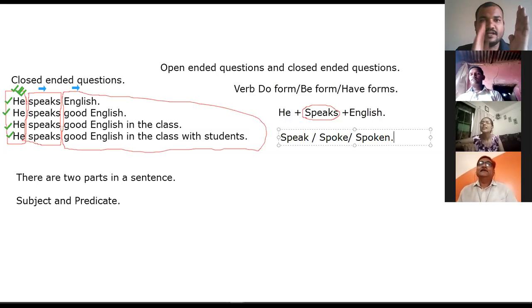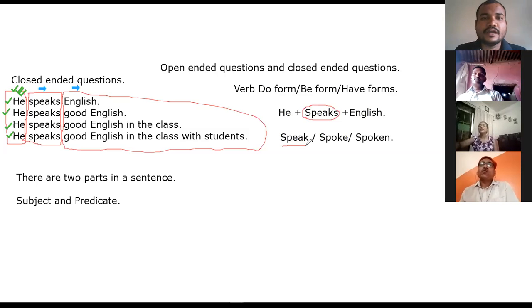V1, V2, V3. Speak, spoke, spoken. So here if you observe, it is speak, it is spoke, and it is spoken. But how come it has an extra letter in that verb? So here there is an extra letter, right?